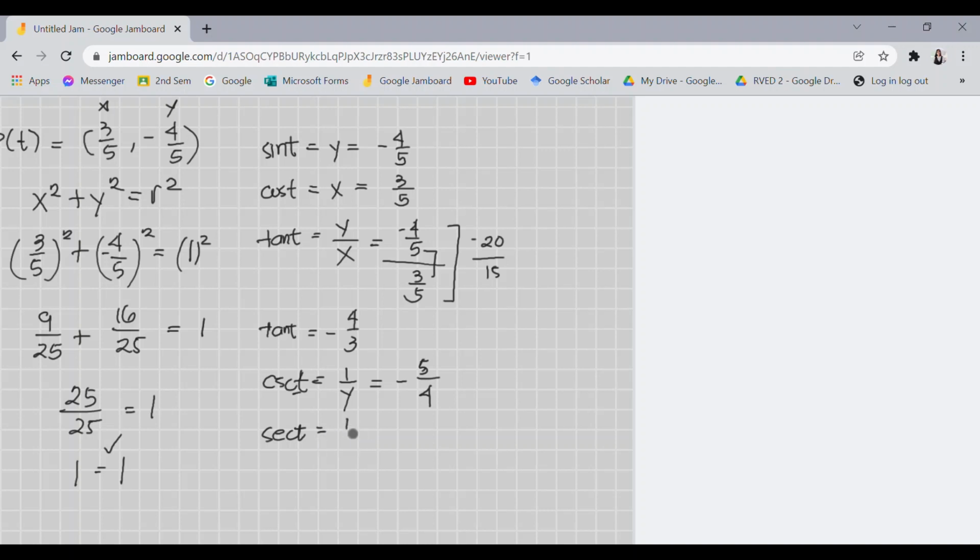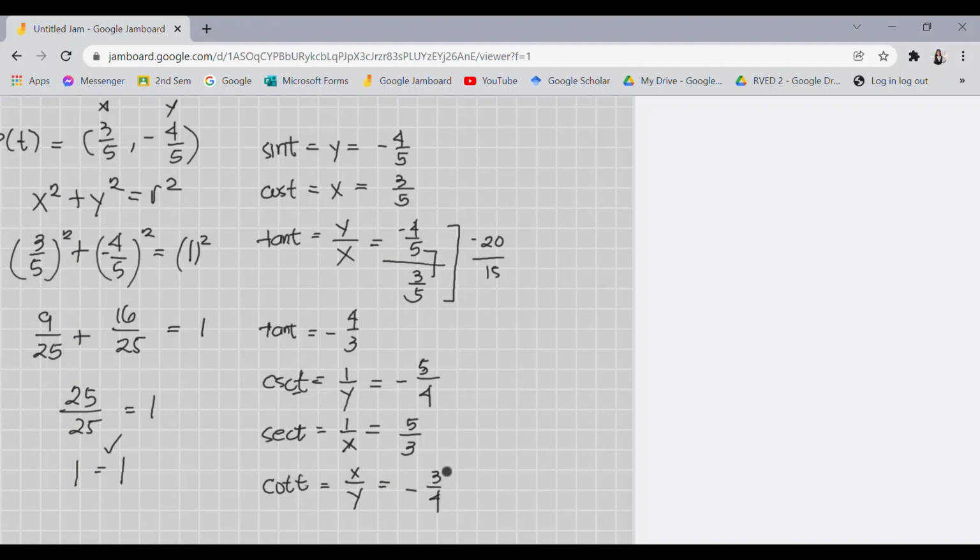So this is 1 over x. If your cosine t is 3/5, your secant t is 5 over 3. And then your cotangent t is the reciprocal of your tangent t. If your tangent t is y over x, cotangent t is x over y. We solved earlier that your tangent is negative 4 over 3, so your cotangent is negative 3 over 4.